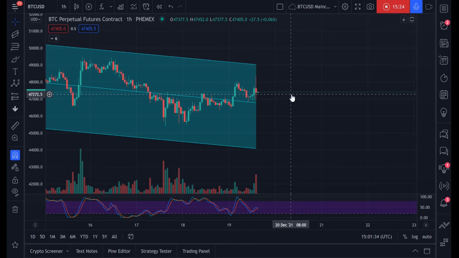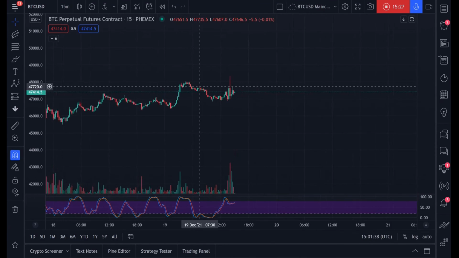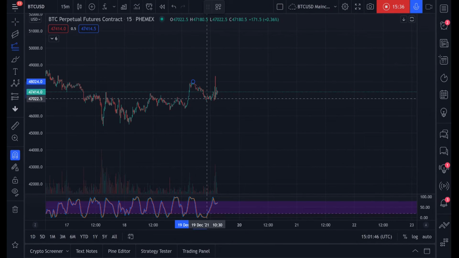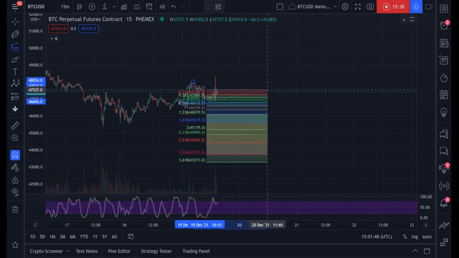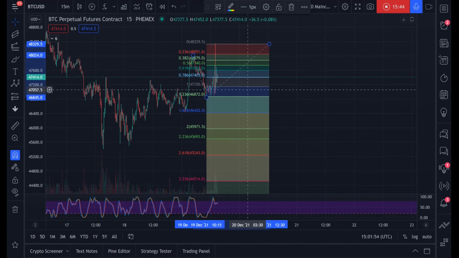So let's go back on the 15-minute time frame. If this is A and this is B, then C's coming to the 1.236, okay?